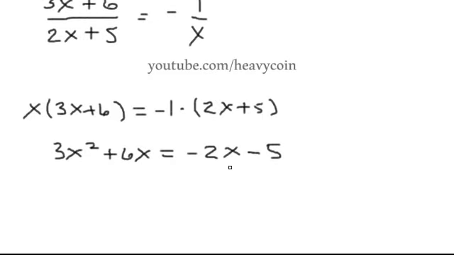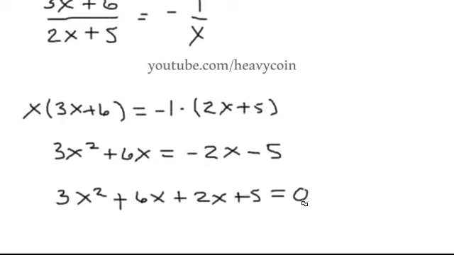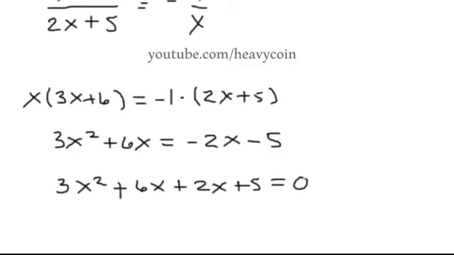And now I'm going to take this stuff over to the other side of the equal sign, so we have 3x squared plus 6x plus 2x. Remember, we take it over, the sign changes, right? And that becomes a plus 5. And that is all equal to 0.